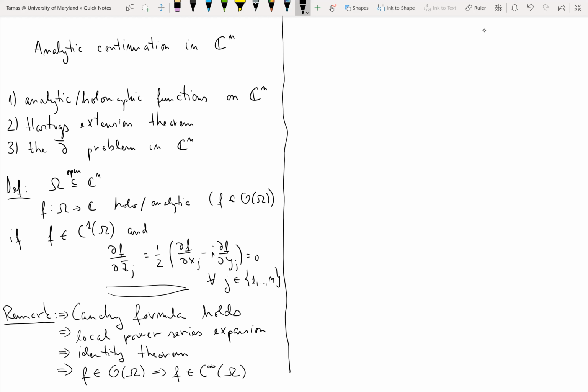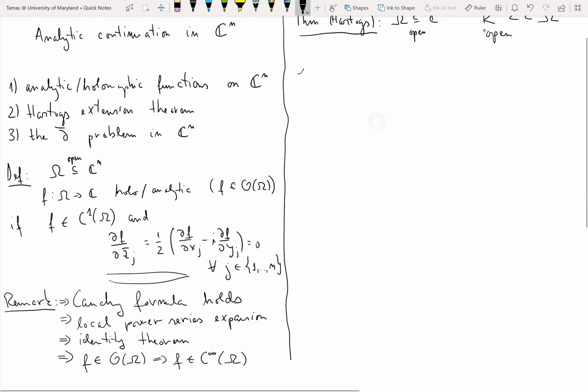Okay, so without further ado, let me quickly state the main theorem for today that is due to Hartogs. This theorem of Hartogs says, if you have an open subset omega of C to the n, which is, I suppose, connected. Yeah, you don't need connected, just open is enough. And pick a compact subset K of omega.